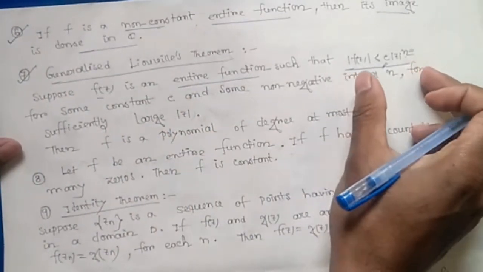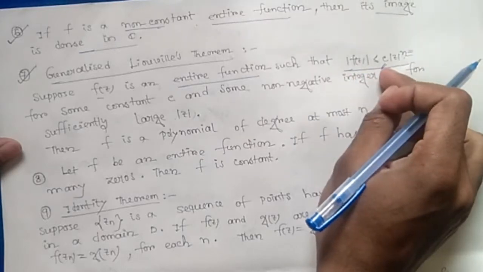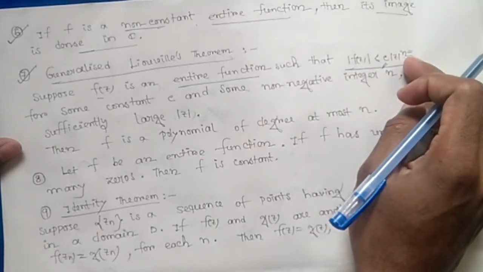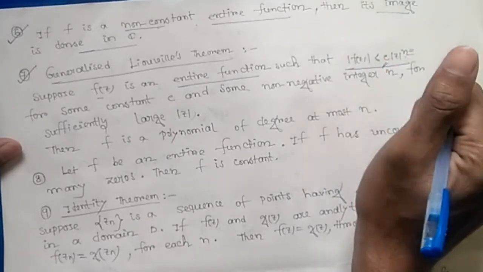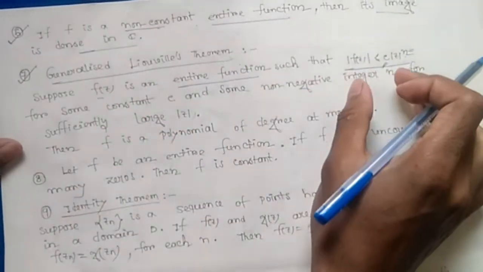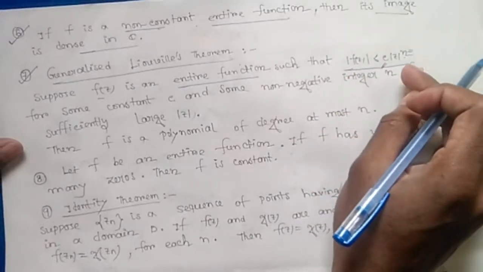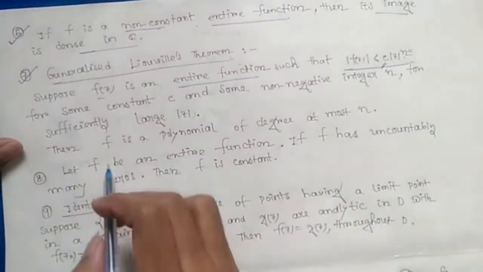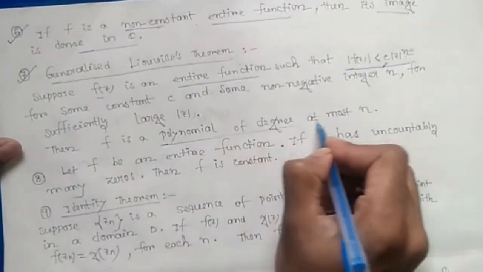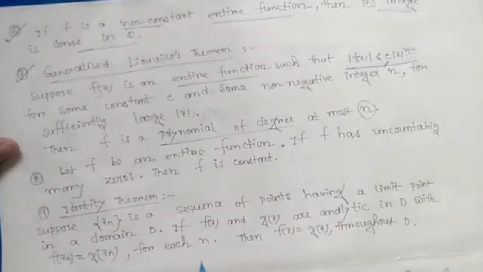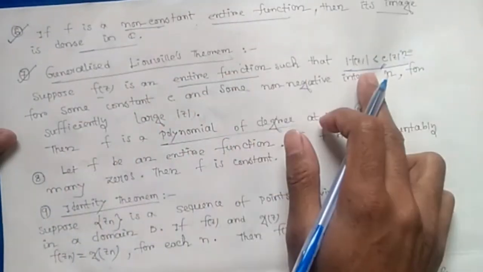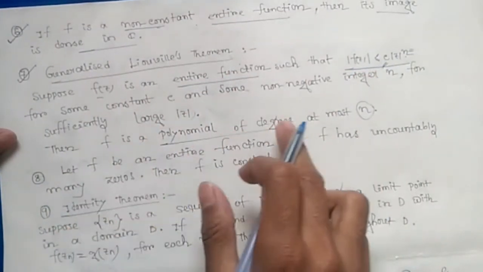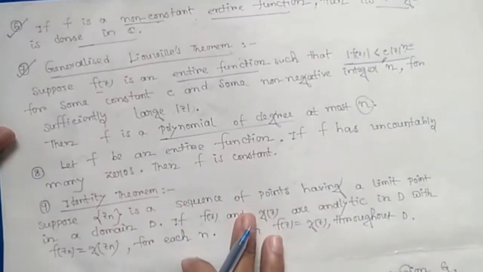This holds for some constant C and some non-negative integer n. Then we can say that f is a polynomial of degree at most n.